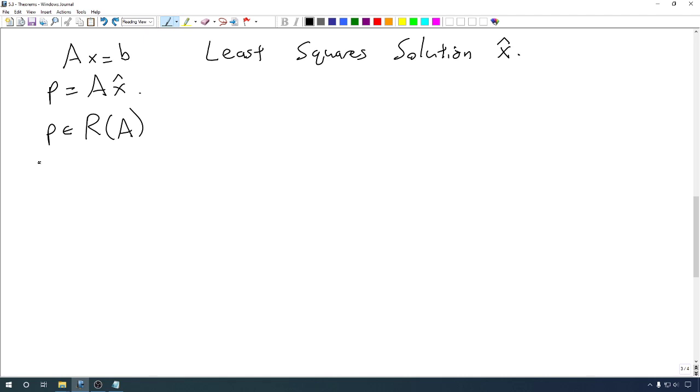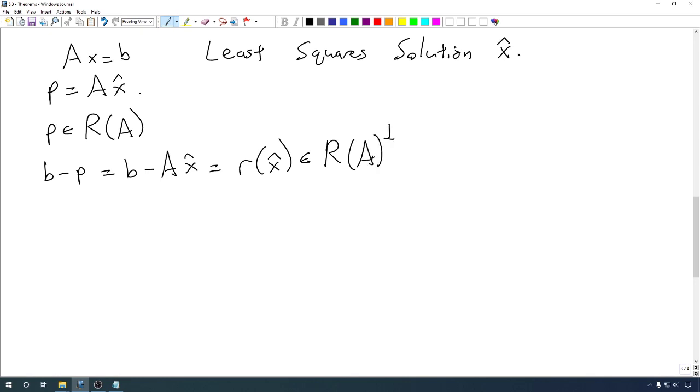that the difference, b minus p, which is really just b minus A times x hat, or in other words, r of x hat, remember our residual, this vector needs to be perpendicular to the column space, just from our last theorem. So this is in the orthogonal complement of the column space.